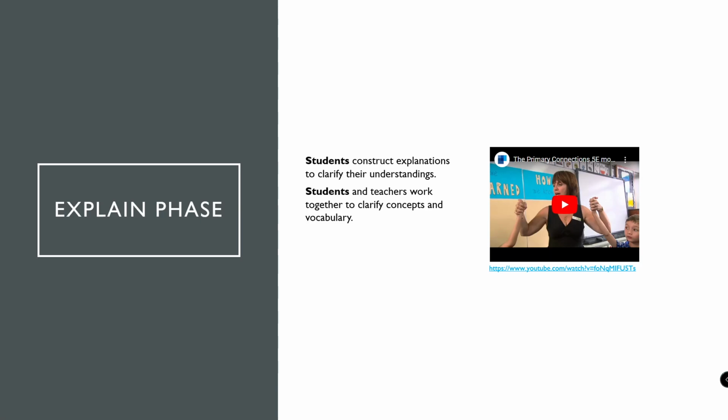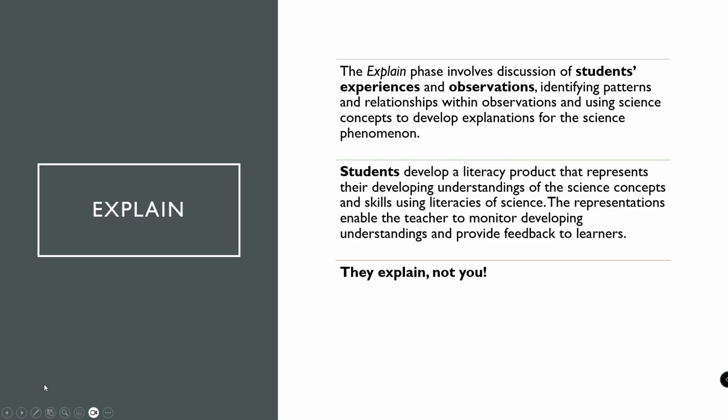So usually they introduce their own words, and the teacher, through questioning and reframing, is helping them to strengthen that scientific language in their explanations. The teacher can correct, they can clarify, but it needs to be a dialogic process, is the point that I would make here.